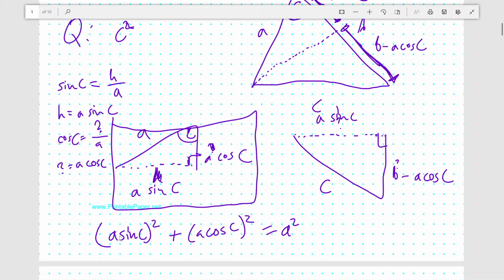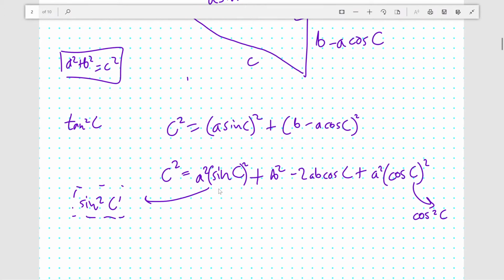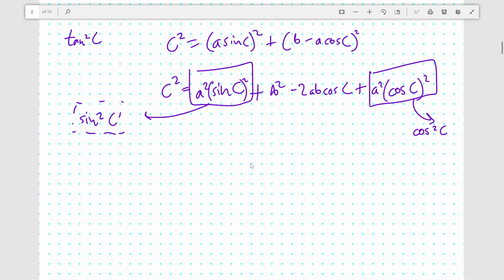So a sine c squared plus a cos c squared is a squared, and we can use this identity to take out this and this, because when you are adding them together, you are really creating a squared. So hence we have c squared is equal to a squared plus b squared minus 2ab cos c.